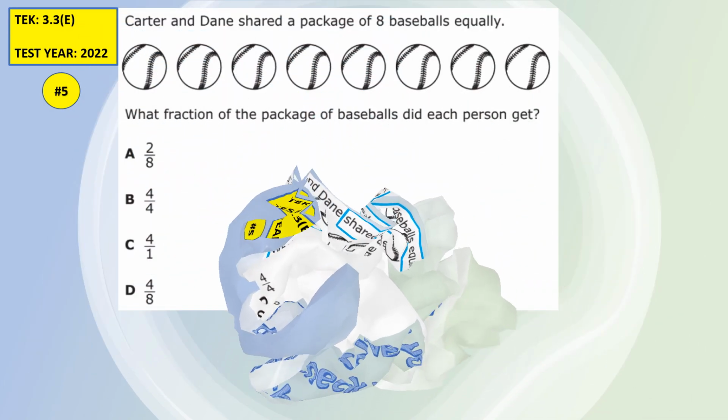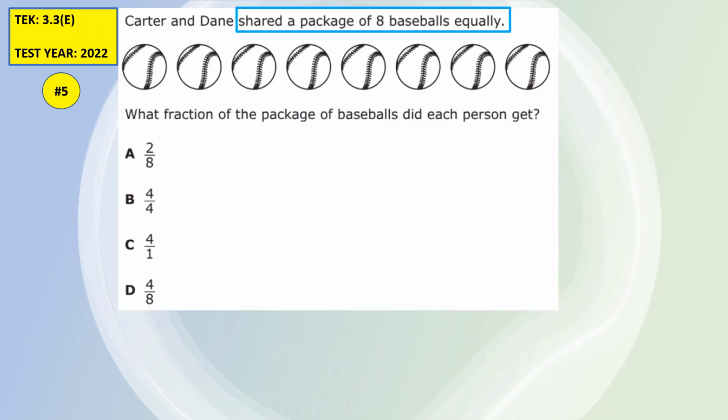Okay, let's take a look. So they shared a package of 8 baseballs equally. Anytime I see shared equally, I think division. So I have to divide 8 baseballs equally between 2 people. And I have to list it as a fraction.